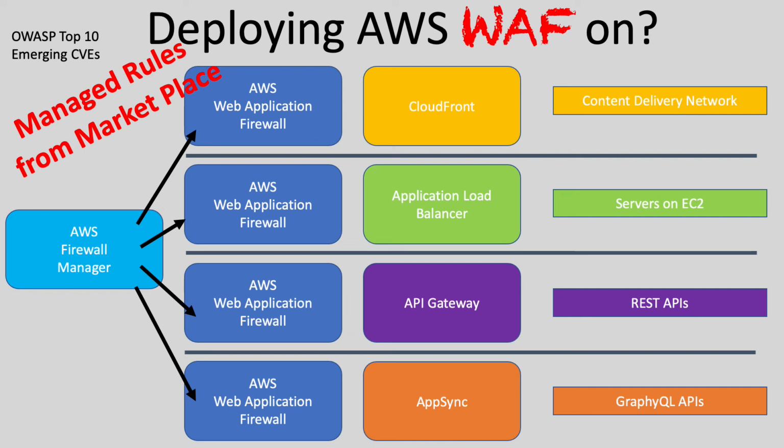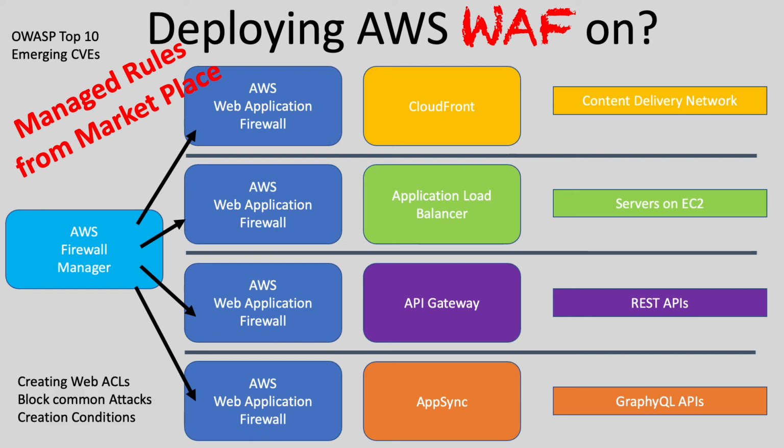If you think about it, back in the old days, when you had firewalls in the data center, you had to configure all the rules from scratch, and that can be very time consuming, creating groups, sources, destinations, etc. As we transition into this cloud environment, security is becoming much easier. So there is this marketplace where all these managed rules exist.